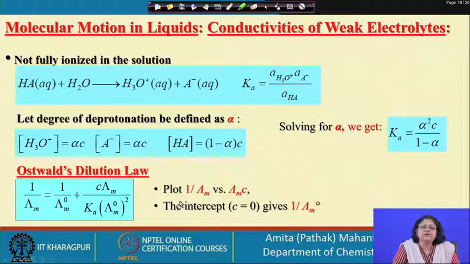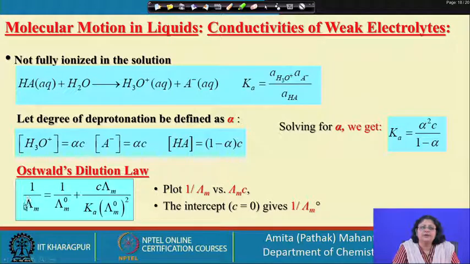This is known as Ostwald's dilution law for a weak electrolyte system. You rearrange the terms and you get 1 by lambda, the molar conductance for the weak electrolyte. If you plot that versus C lambda, that means lambda at any concentration, 1 by lambda, that you are measuring with a conductometer.